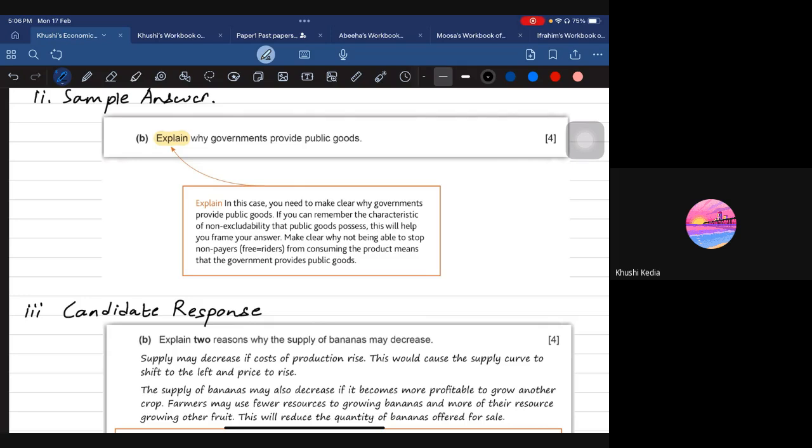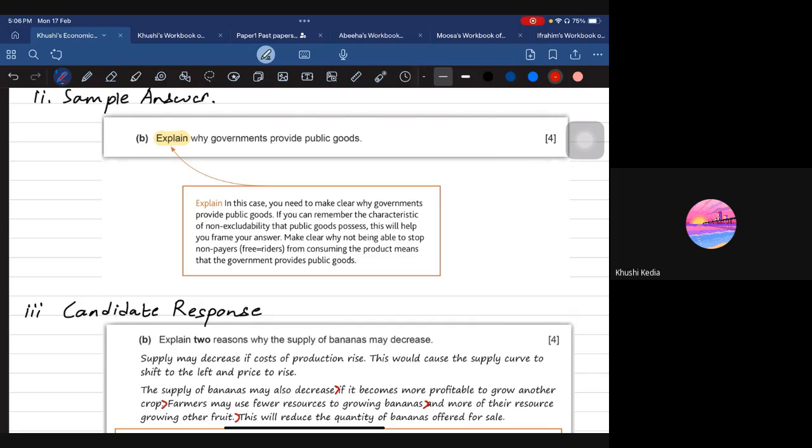And the change seems to be good as well, that the supply of bananas may also decrease if it becomes more profitable to grow another crop. Farmers may use fewer resources to growing bananas and more of the resources to use. This will reduce the quantity of bananas.